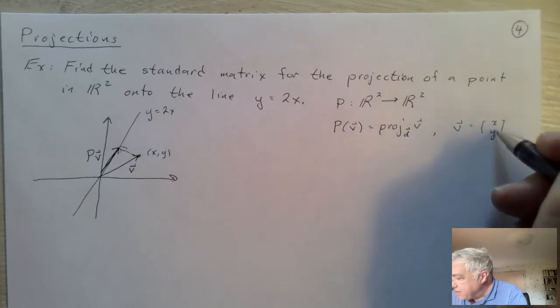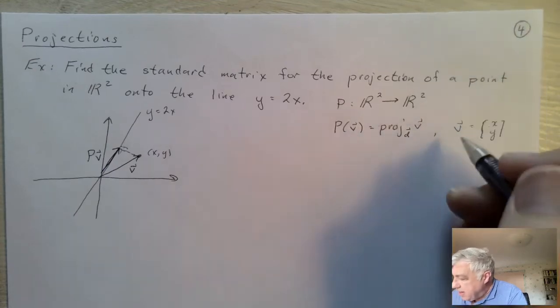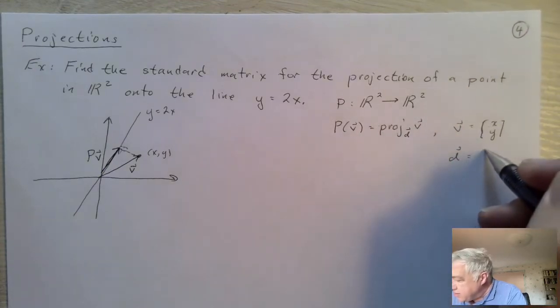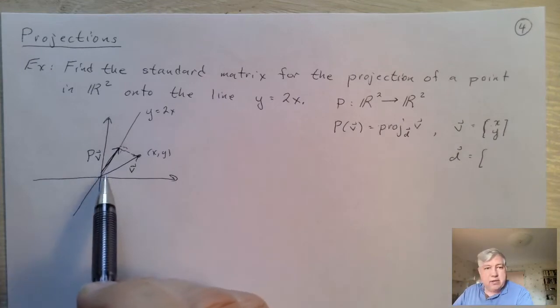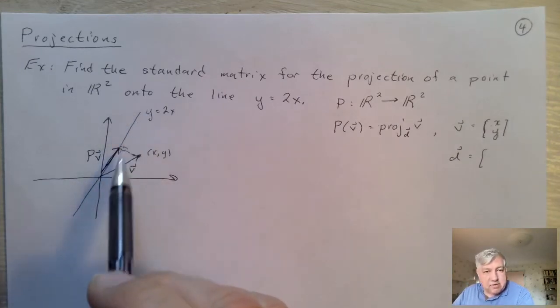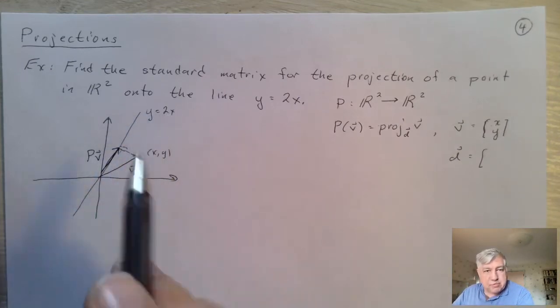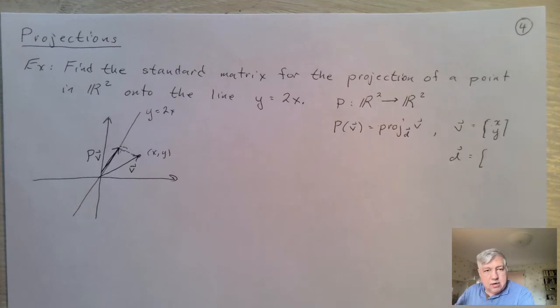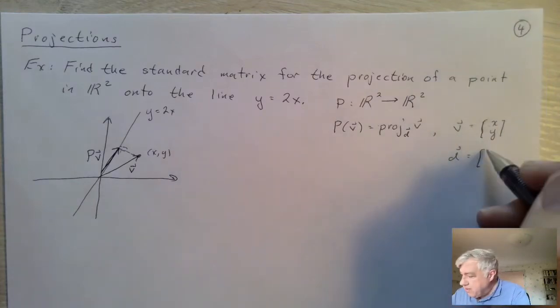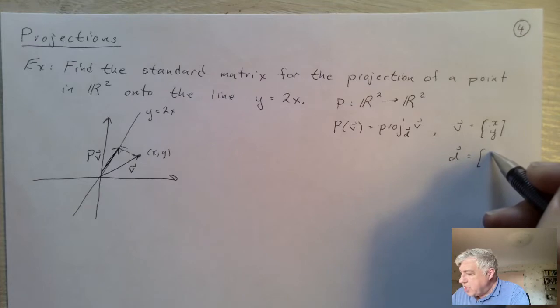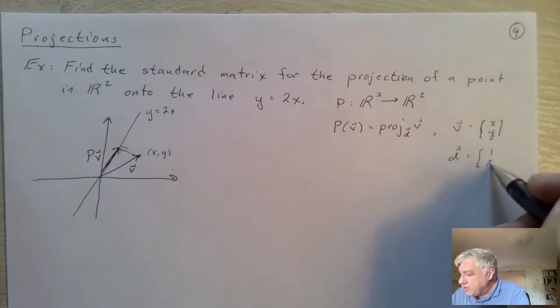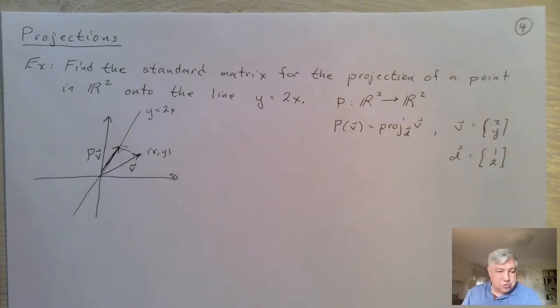We can write this as a column vector now. And d is the direction vector of this line. Remember, what's the direction vector of a line? Well, the slope is 2, so that means we go up 2 and over 1. If the change in x is 1, the change in y is 2. So the direction vector is (1, 2).